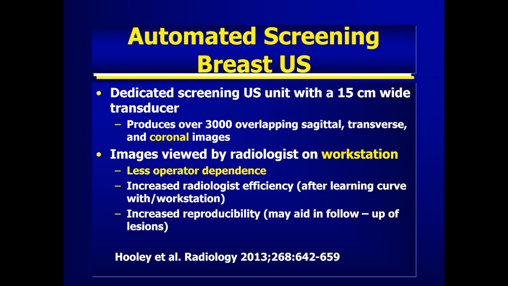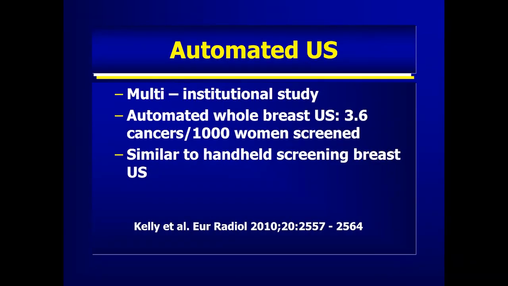The images are then viewed by the radiologist on a workstation. It appears this may have less operator dependence. It can allow for greater radiology efficiency after they tackle the learning curve associated with the workstation, and increased reproducibility. This may aid in the follow-up of some lesions.